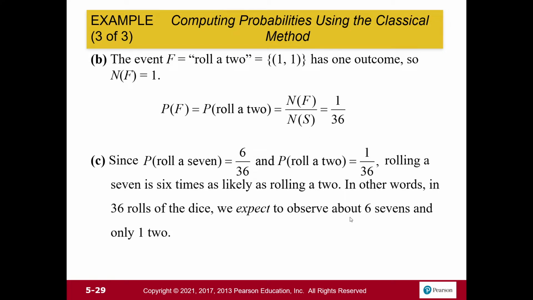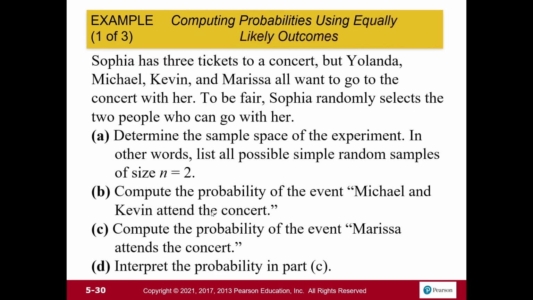Rolling a 7 is 6 times more likely. And here's another way to explain it. In 36 rolls of the dice, we expect to observe about 6 sevens and only 1 two. So that's a big difference between them.